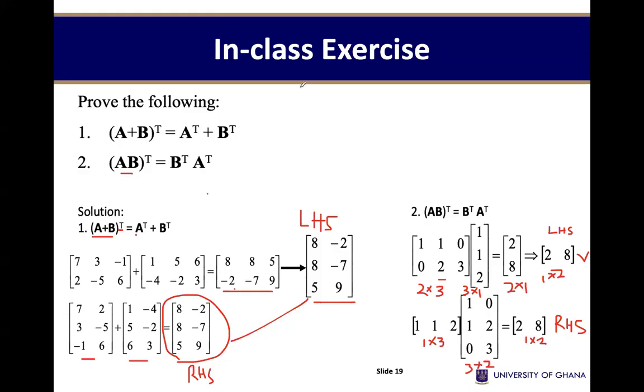Prince, I see your hand up. Yes, sir. I wanted to ask, with the options I chose for the transposing, in the second one there was 1 column and 2 rows for A, and for B it was 1 row, 2 columns.